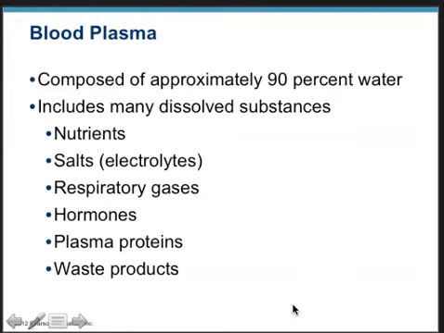So it's important that we maintain circulation, because without these components, particularly the nutrients and the gases, the cells would quickly die. The cells need a constant supply of nutrients and oxygen in order to make enough ATP to live.